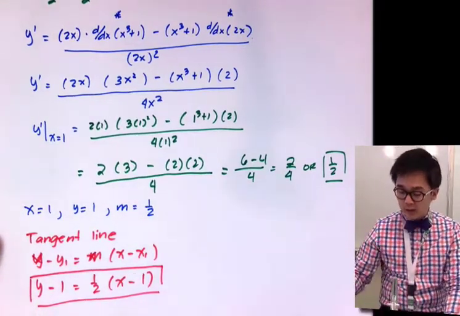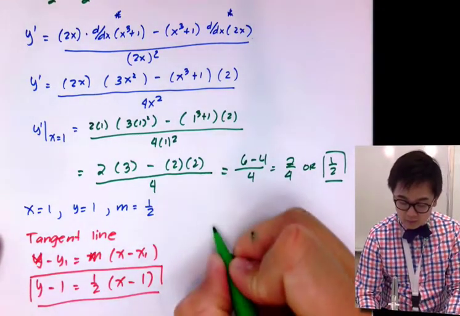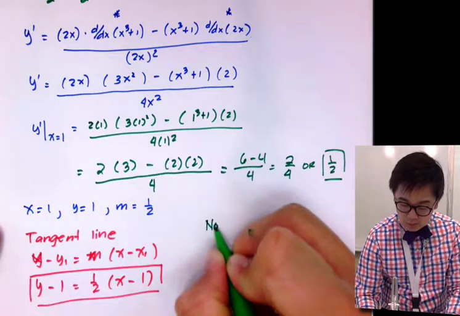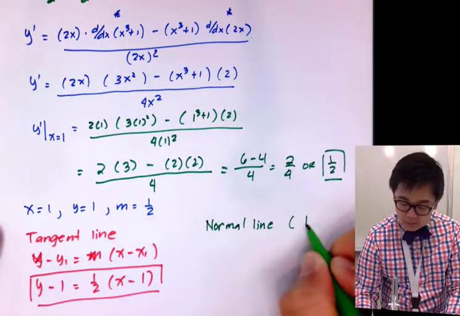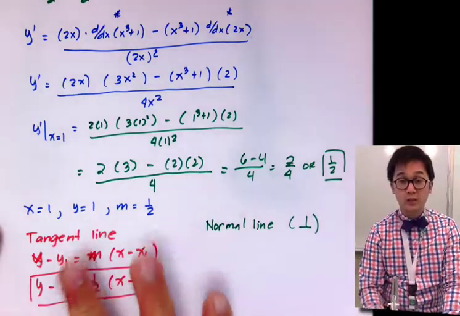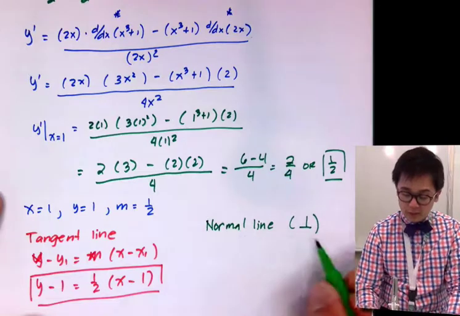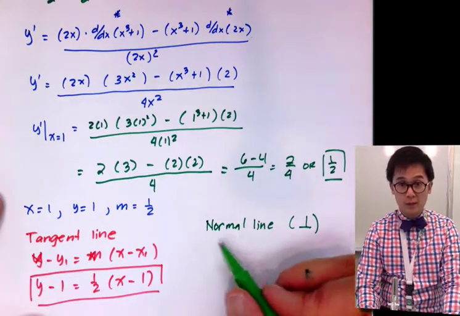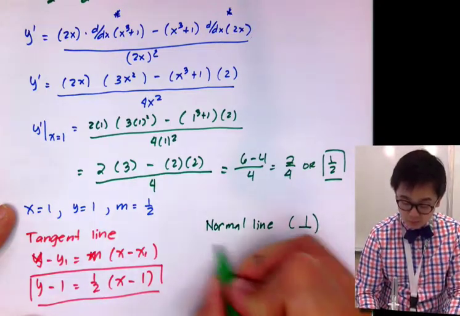Now we need to find the other line, which is the line that is normal to the curve right here. So the normal line in mathematics is basically the line perpendicular to this particular curve. And we already know the slope, and we know that the relationship between the slope and the line perpendicular to it is the negative reciprocal.